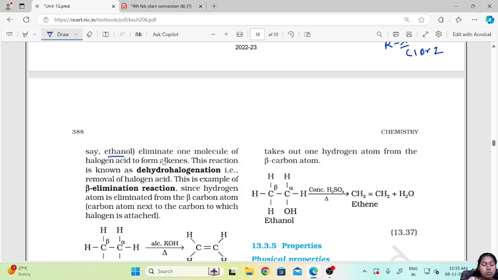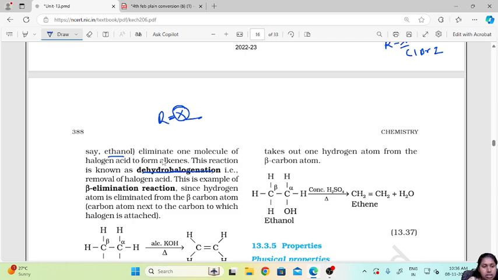In this process, your RX, when you react it with alcoholic potash, loses the halogen and converts into a double bond. This reaction is known as dehydrohalogenation.